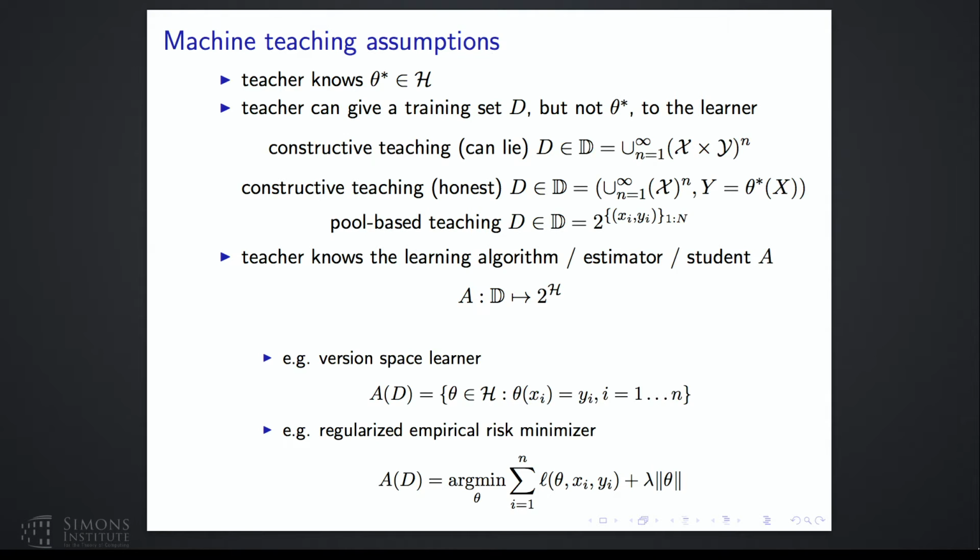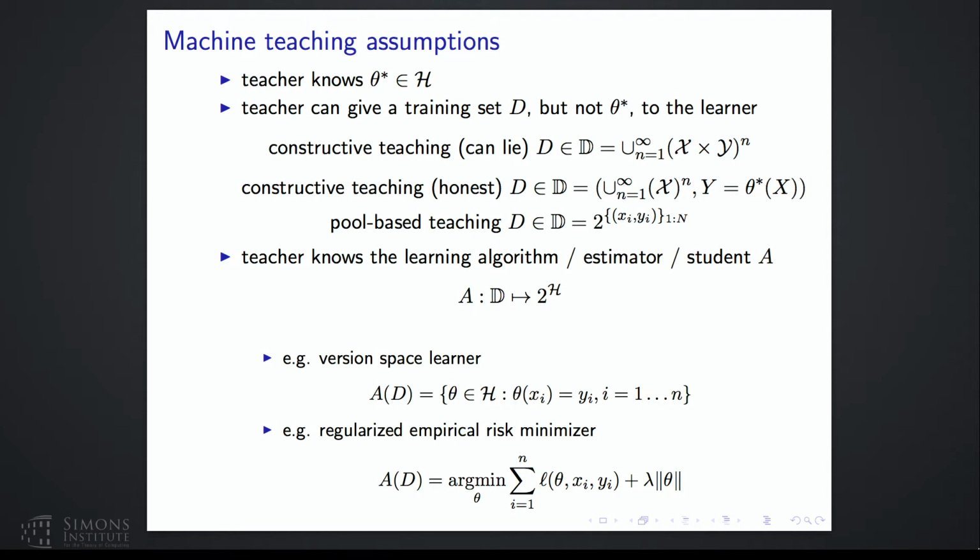In this setting, the teacher cannot arbitrarily choose anything from the feature space. He has to work with a given and fixed pool of candidate teaching items. Okay, so this is very similar to something known as pool-based active learning. And here it's just pool-based teaching. He has to select teaching items from a pool. Okay, so that's that.